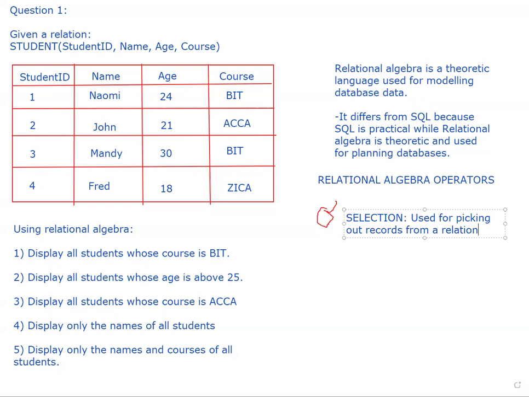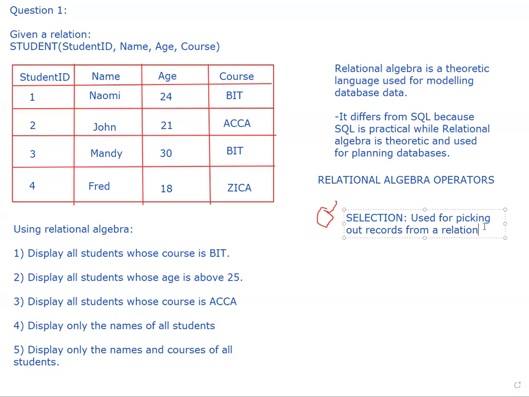So the way we have that relation there, that table, if you say you want a record for Fred, that means you have to apply the selection operator because it will pick out a given record from a table. Remember, in SQL, you have a statement called select. Select this from that.